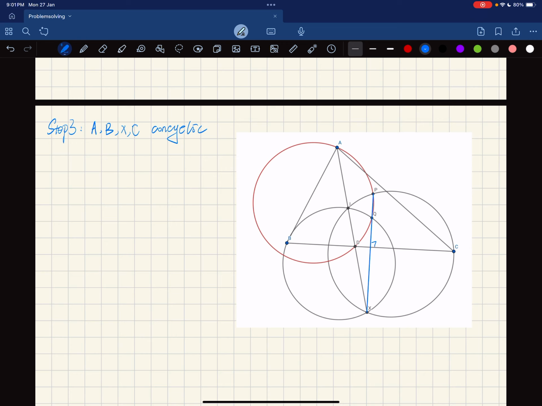Of course, we have to use the angles. How can we achieve that? For example, we can do this. Connect these points, BX, CX.